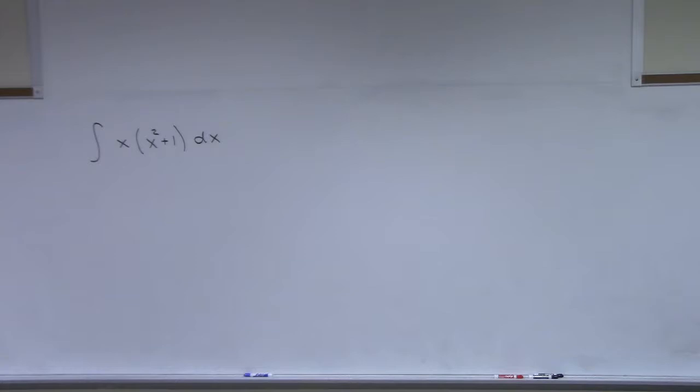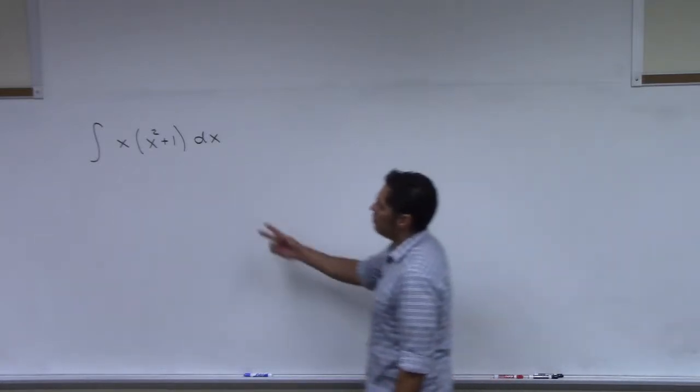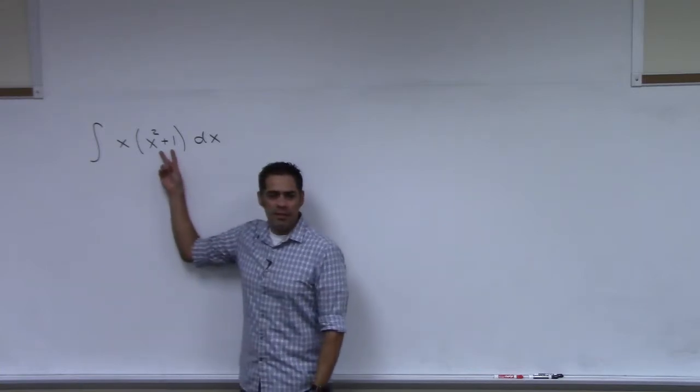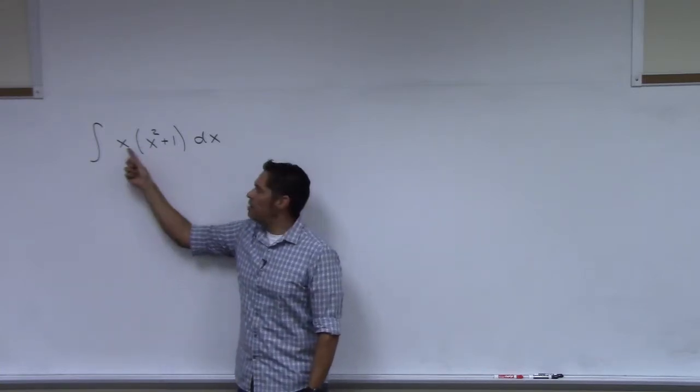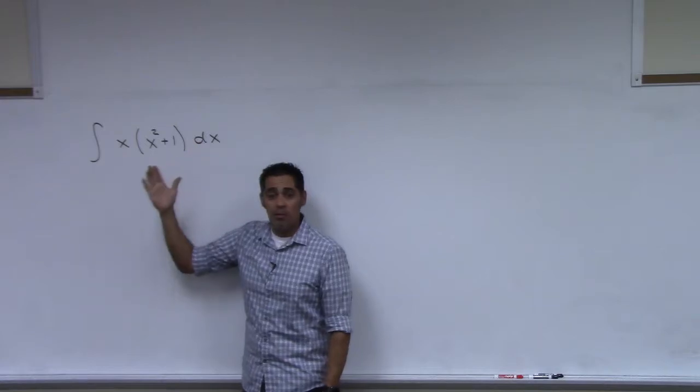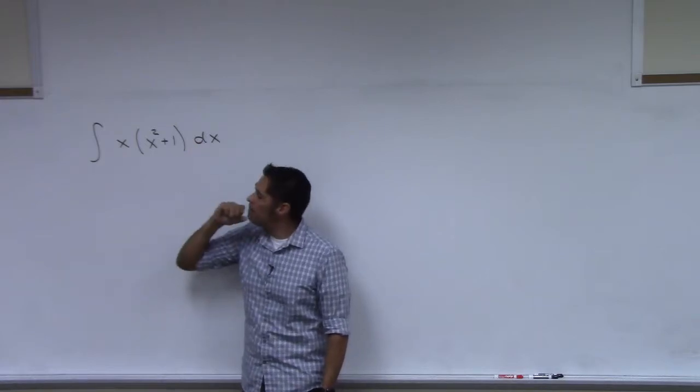You would do a u substitution? And what would u be? X squared plus 1? Because the derivative of it is what? 2x, and you almost have that, right? And that would work? Agreed?